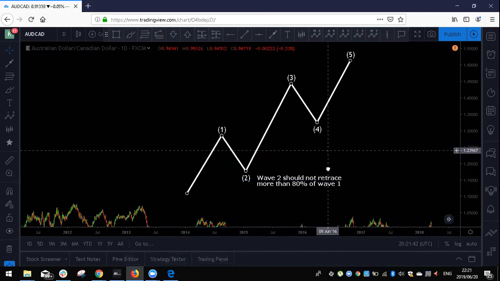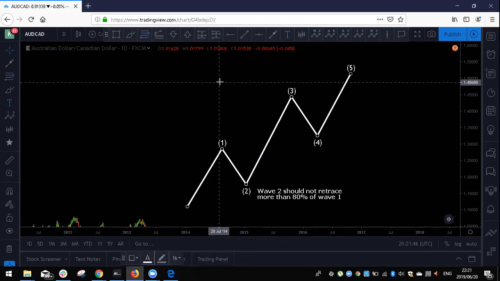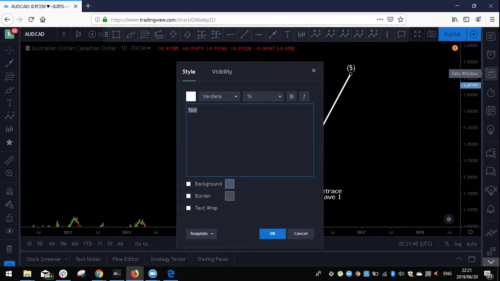And then we go to wave 3. Wave 3 is usually the longest. Some traders say it should be long. It's usually the longest, but it should not be the shortest.